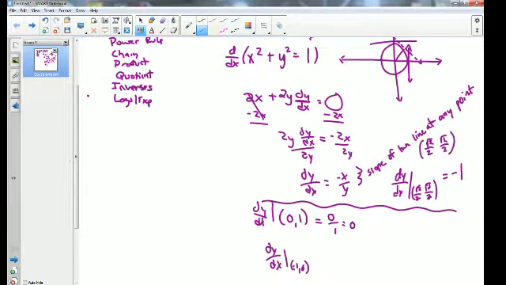Doesn't matter. That's 1 over 0. It does not exist. Undefined. It's undefined. No, you said does not exist.